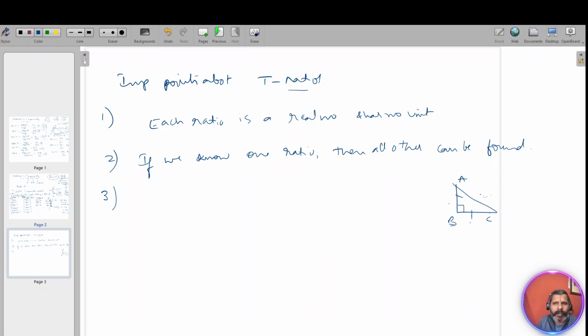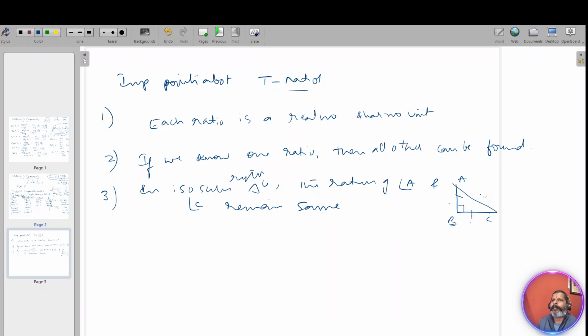Since AB and BC are the same, the trigonometric ratio values will remain the same. So we'll say in an isosceles right triangle, the ratios of angle A and C remain the same. Remember, this is very important.